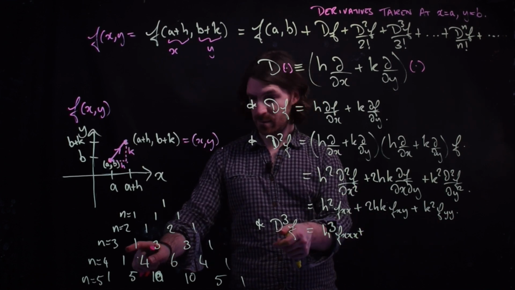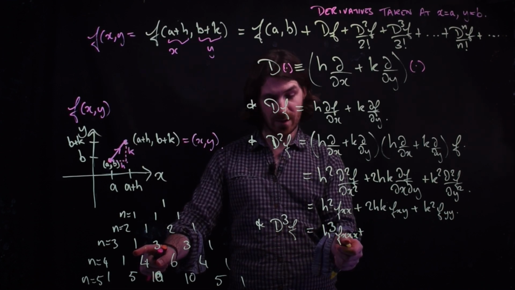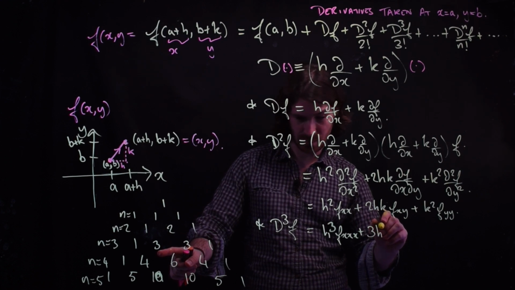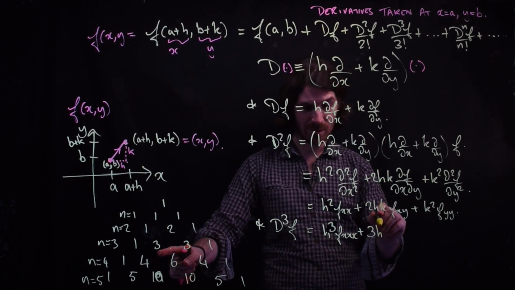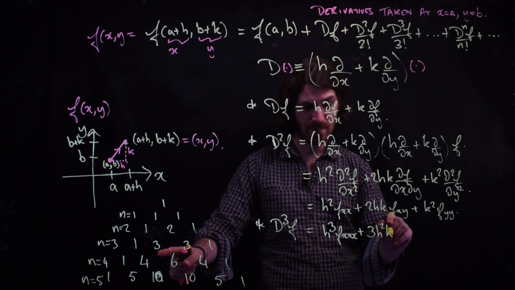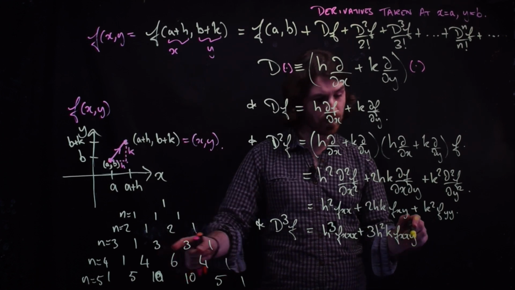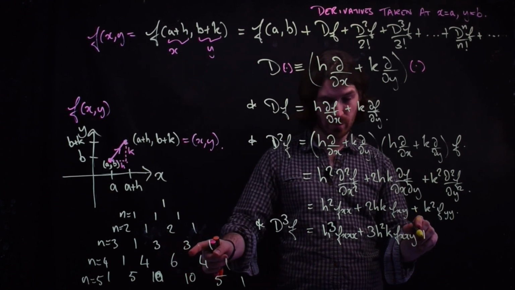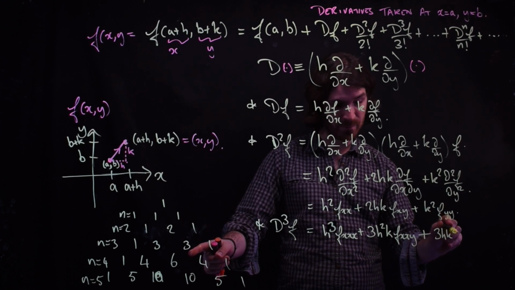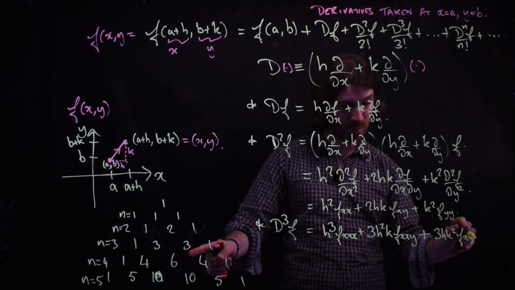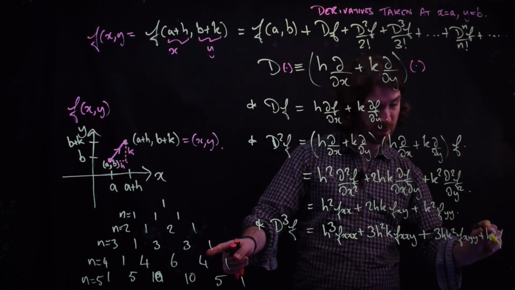Here we keep going. n equals 3 is d3f. We've got 1 h cubed fxxx, okay, 3 derivatives, 3 h squared k fxxy plus 3 hk squared fxyy plus 1 k cubed fyyy.